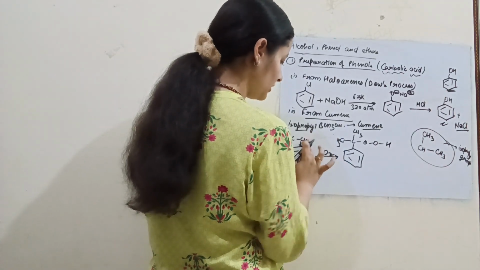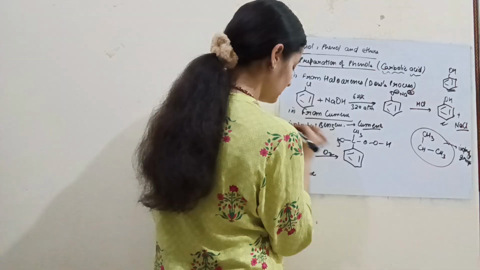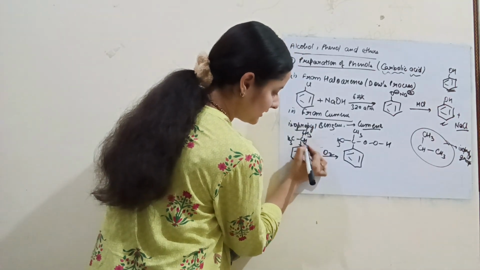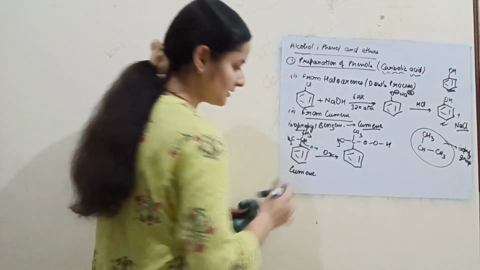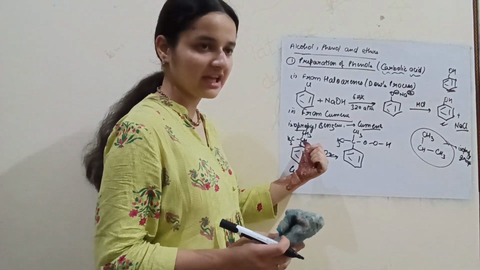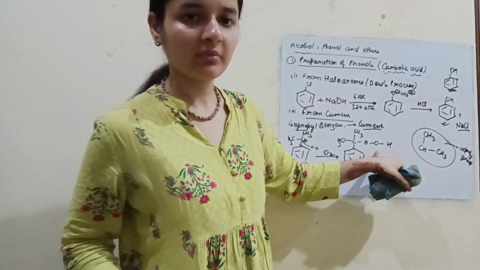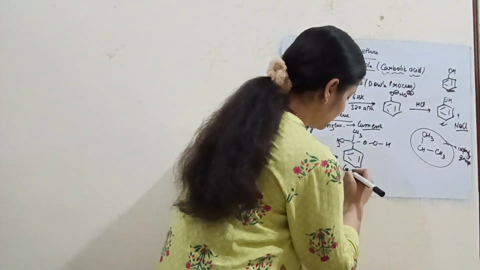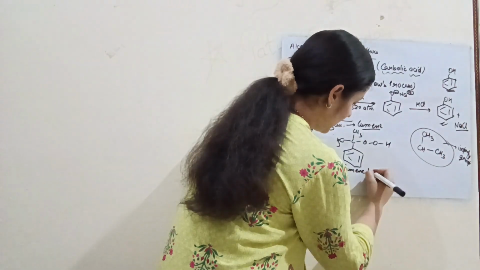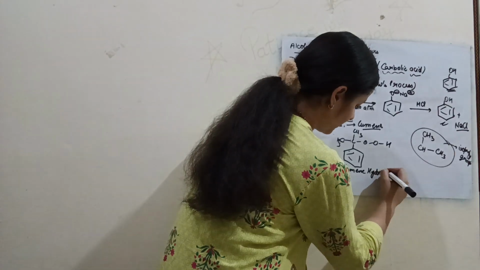So this is your cumene, and oxygen will be added in this CH bond, and you will get hydroperoxide here. So this is cumene hydroperoxide.